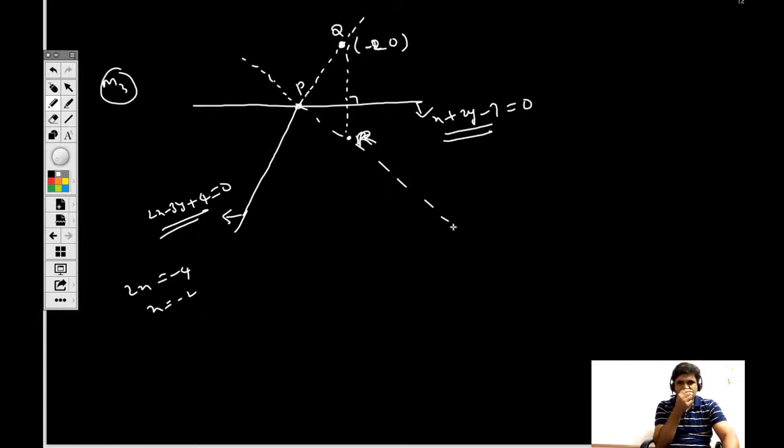Already we have the image formula. Suppose this is x1, y1, and we want its image with respect to this line. The image coordinates are h comma k.